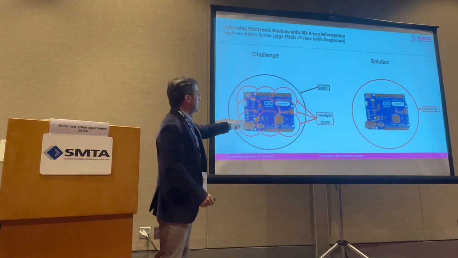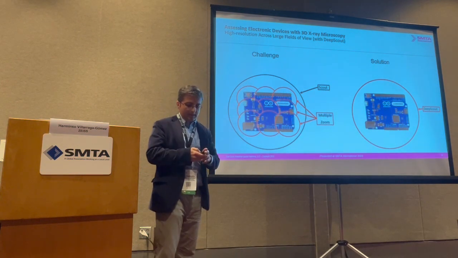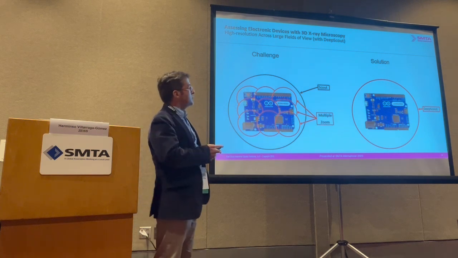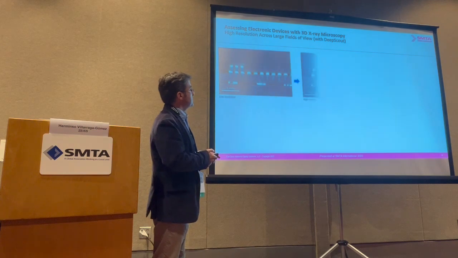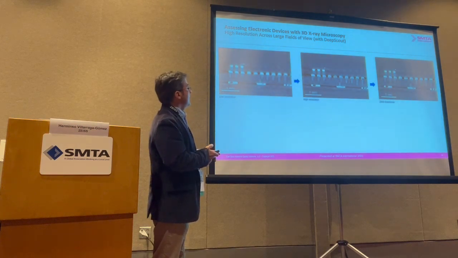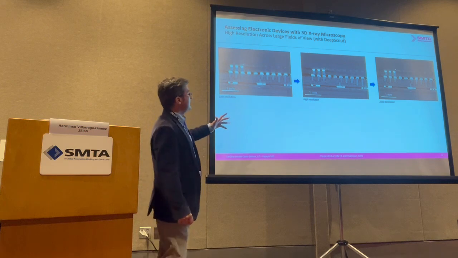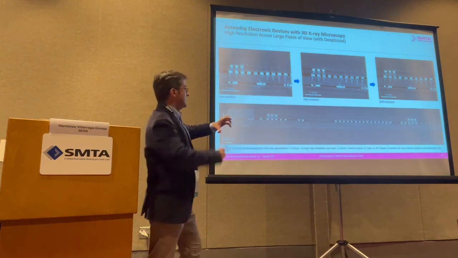And that will save all of these steps. So that's the second way in which we are able to leverage deep learning algorithms to do the reconstruction of X-ray microscopy these days.